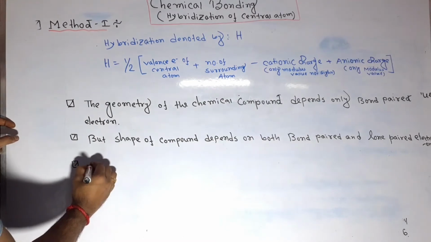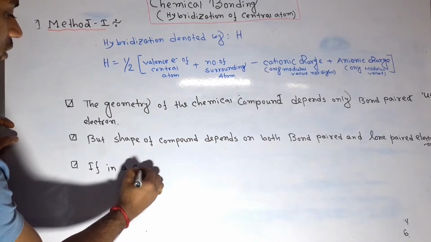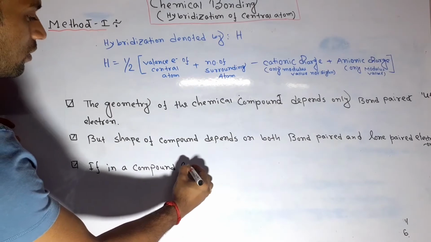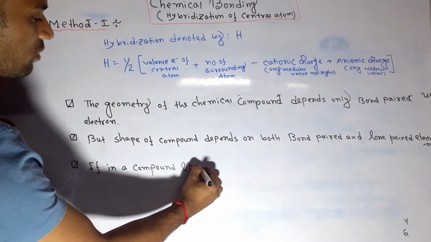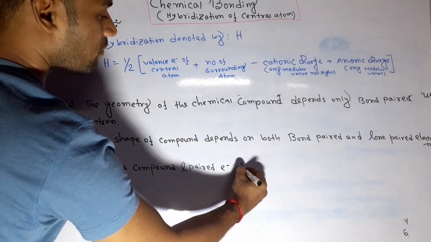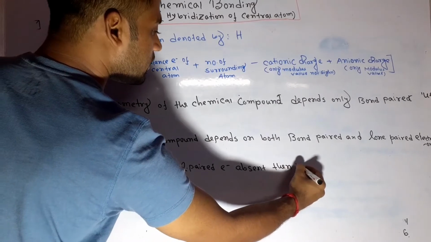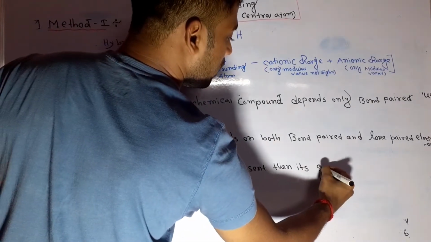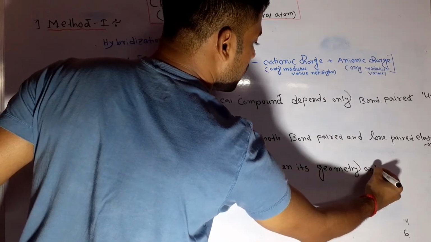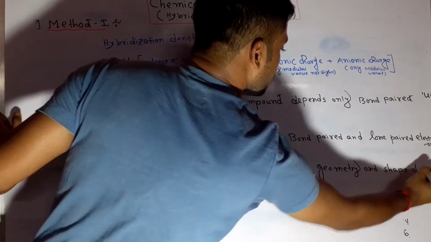If in a compound the lone pair, that means lone paired electrons, are absent, then its geometry and shape are also the same.